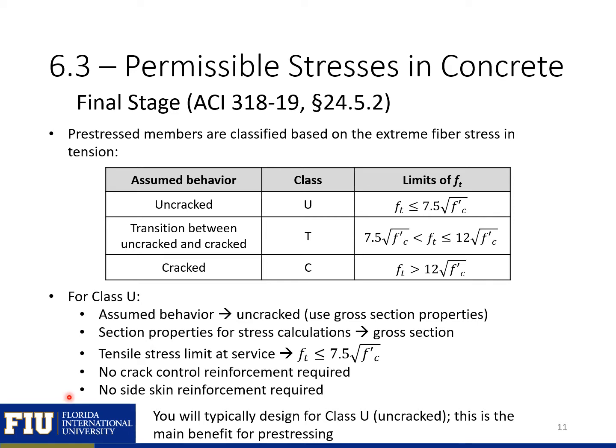These types of reinforcement are required if you have other types of pre-stressed members. Typically, we want to design our beam to be a class U uncracked beam. Keeping our beam uncracked is the main benefit of pre-stressing. It ensures that we have a durable product, so we want to make sure that we keep it uncracked.